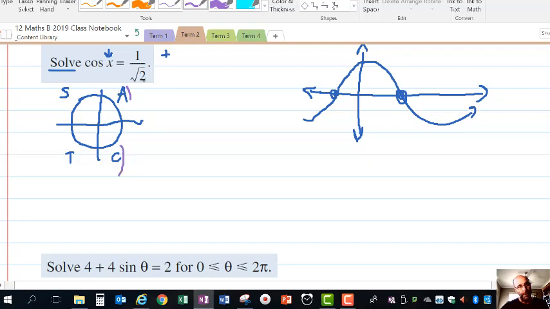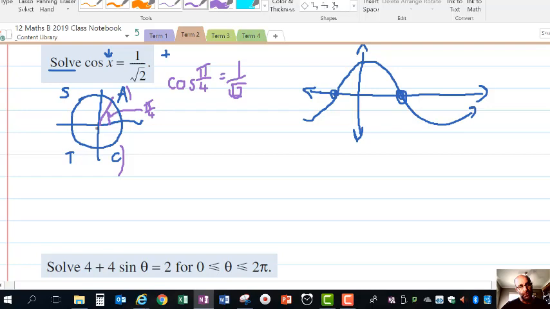We note that the cos in the first quadrant, cos of pi on 4, we're going to work in radians, by the way, with this. You would say 45 degrees, wouldn't you? Cos of pi on 4 is 1 on root 2. So we have the pi on 4 angle there.